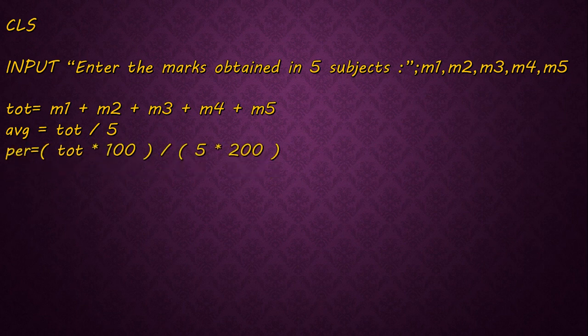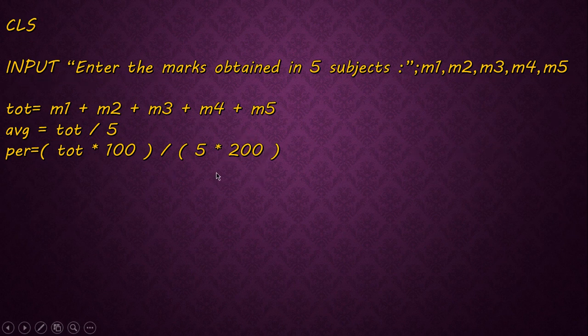And finally, my percentage equals total into 100 by 5 into 200. Now why 5 into 200? At the denominator, in the percentage formula, we had total marks carrying, and in the question it was told that 200 is the total marks of each subject.